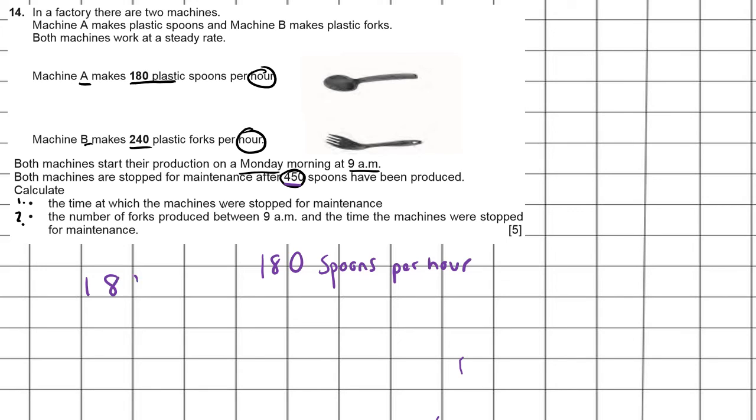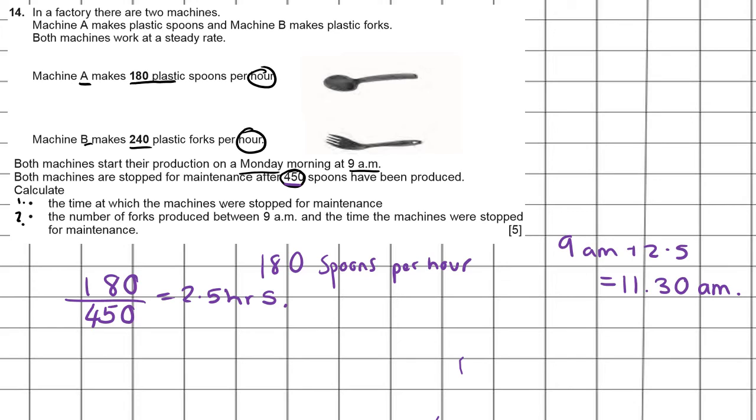So therefore, 180 divided by 450 gives us 2.5 hours. So therefore, 9 AM plus 2.5 hours gives us 11:30 AM. Okay, next part.